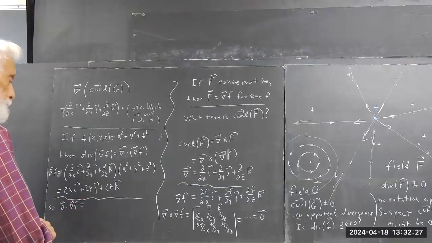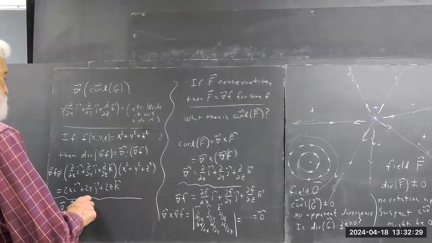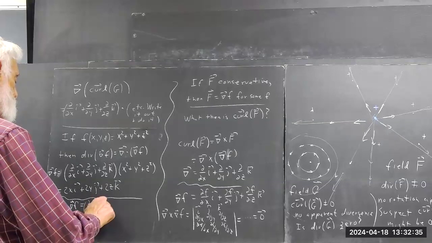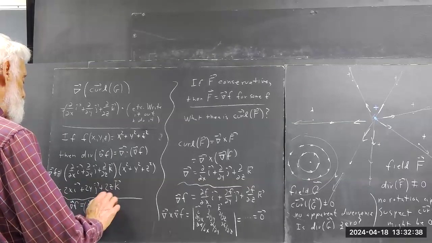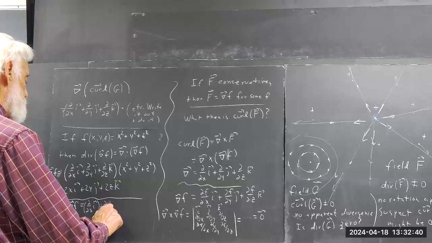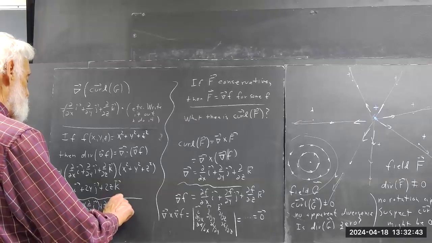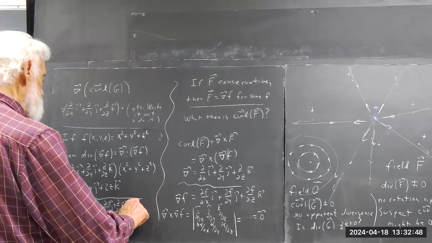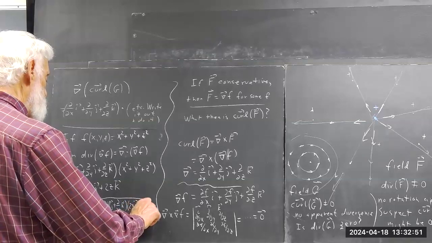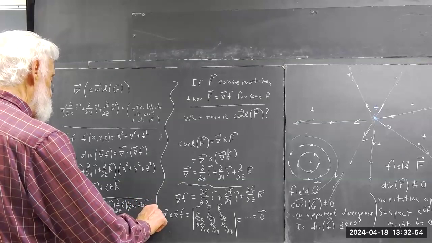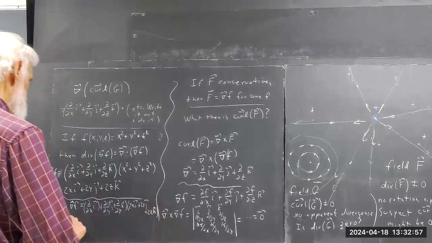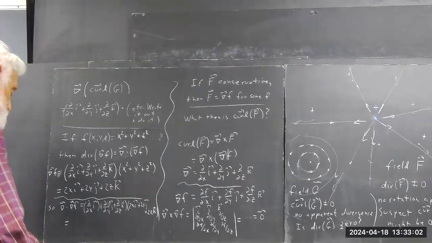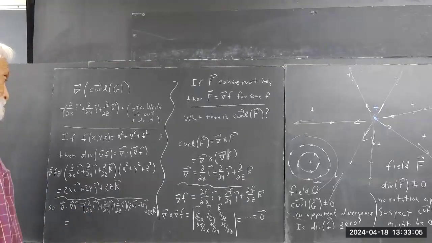So del dot del F is, well, we write it out, partial with respect to x i plus partial with respect to y j, plus partial with respect to z k, of 2xi plus 2yj plus 2zk equals, and what have you said is the result, 6.